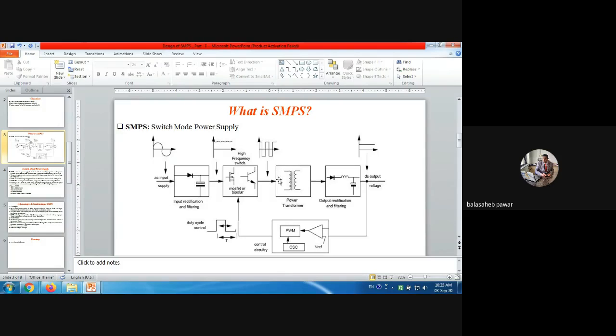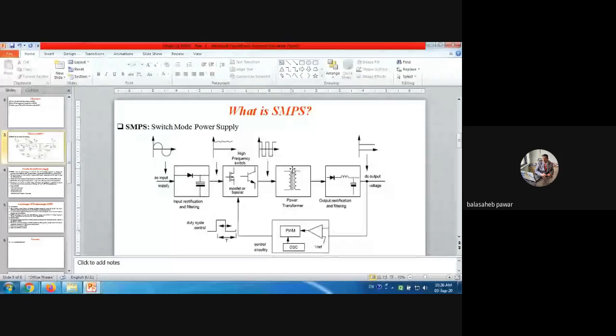So whatever high frequency DC pulses you apply across the secondary, those pulses should get stepped down. Accordingly that transformer is designed. Or if that averaging is done over here only by the calculated duty cycle, then there is no need of stepping down again, because we are already obtaining the required voltage, that is 5 volts, by considering this transformer as a lossless transformer.